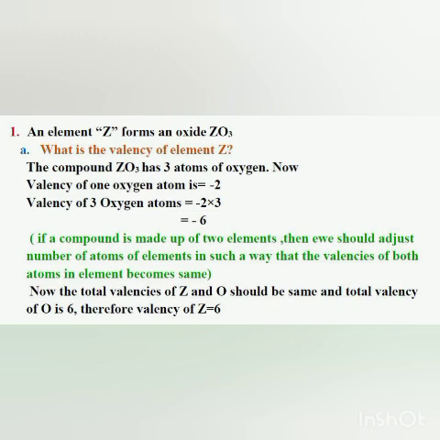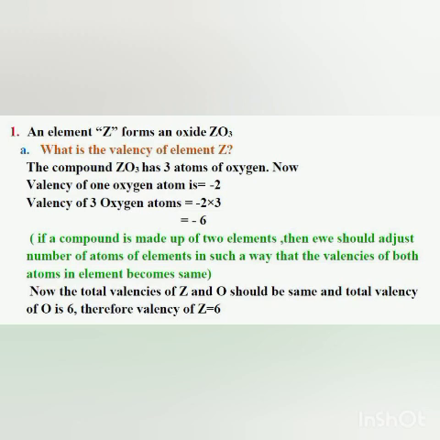Now there is one rule which I have explained to you before also. We have discussed this before, and I think I have given it to you in the slide also. You know that a compound is made up of 2 elements. Then we have to adjust the number of atoms.